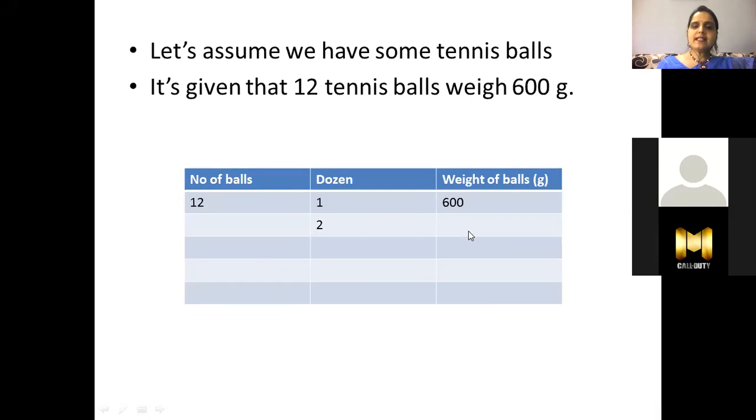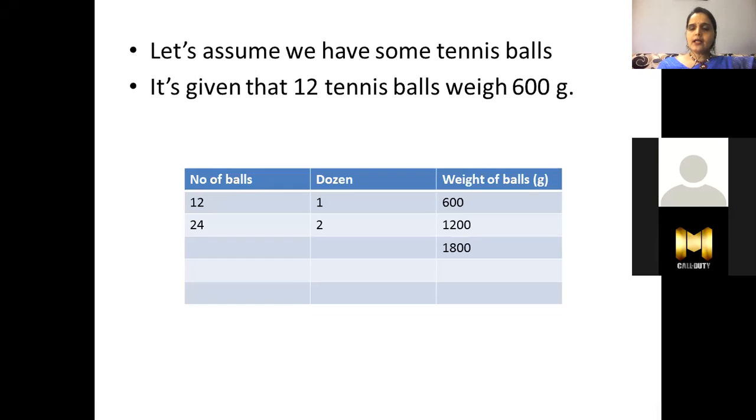So you can see that when I was talking about 2 dozens of balls, that corresponds to a certain number, which is 24, which corresponds to the weight as well, which is 1200 grams. So a single unit gives us an idea about the number of balls involved, and also their weight together.